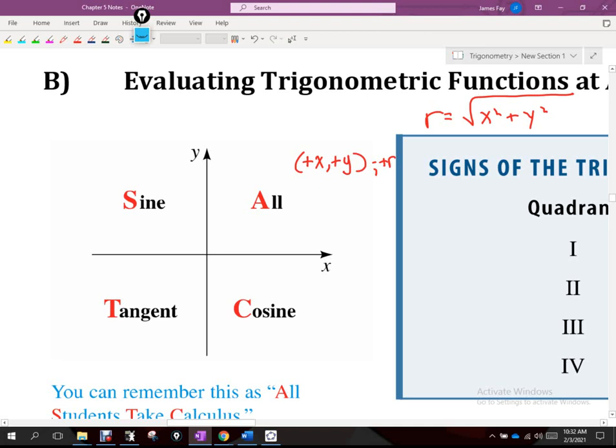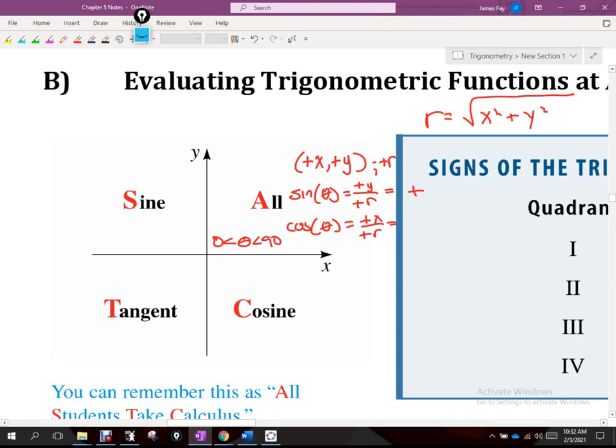Okay? Well, if I do sine of theta in the first quadrant, it's a positive y divided by a positive r. Does that make sense? What result does that give you? Positive. Okay? If I do cosine of theta, so we're talking about theta now being between 0 and 90, cosine of theta would be positive x divided by positive r, right?